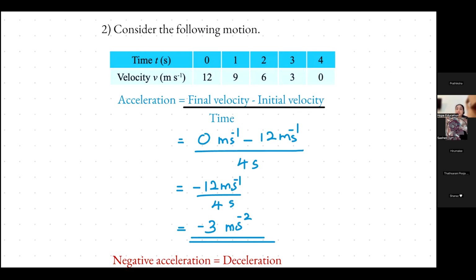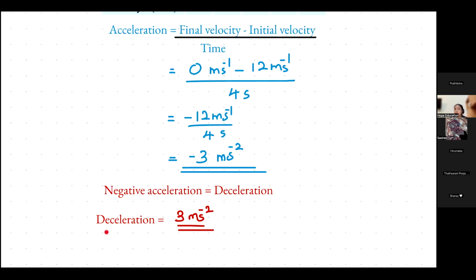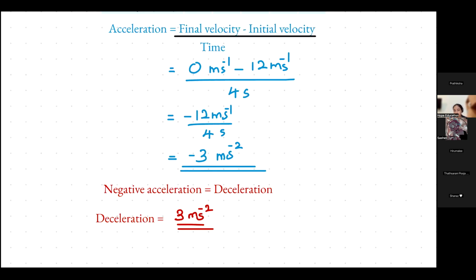And if the brakes are continuously pressed, the vehicle will come to a stop. Here, the velocity decreased and finally became 0. That means the vehicle has stopped. Using the acceleration equation we find it, but we get a negative answer. That means it is a deceleration. We call negative acceleration deceleration.